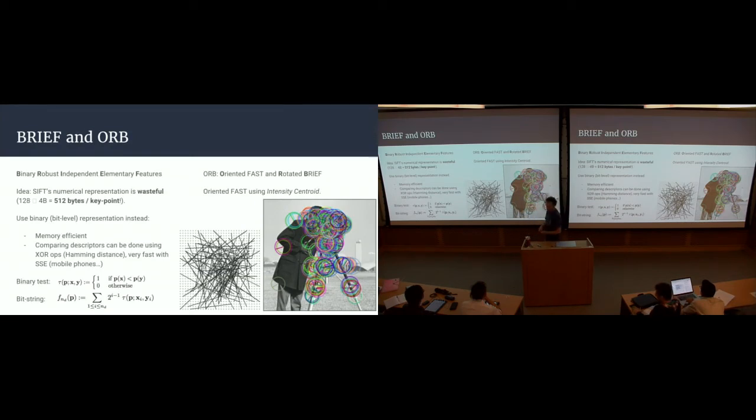So BRIEF, binary robust independent elementary features, and ORB, which is basically rotated BRIEF, represent it in binary. So instead of using floating point, they use bits, 0 and 1. Now, remember FAST, how we did it? We look if something is bigger, something is smaller. It's a binary decision.